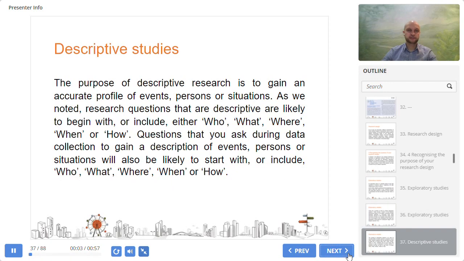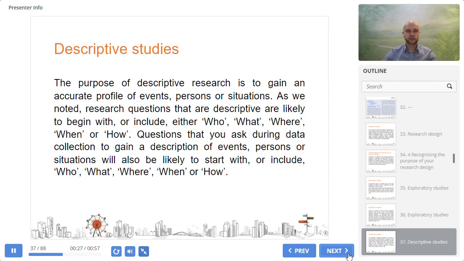Descriptive studies. The purpose of descriptive research is to gain an accurate profile of events, persons, or situations. As we noted, research questions that are descriptive are likely to begin with who, what, where, when, and how.